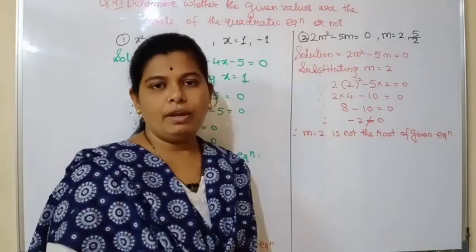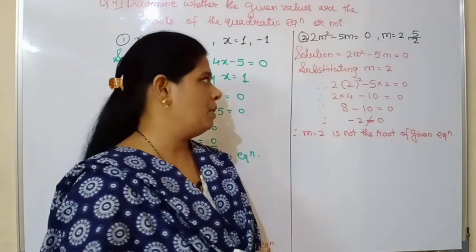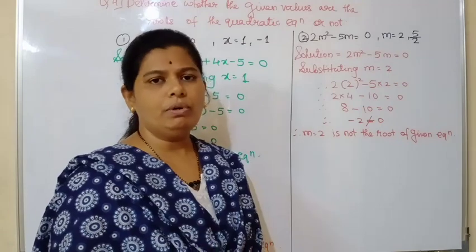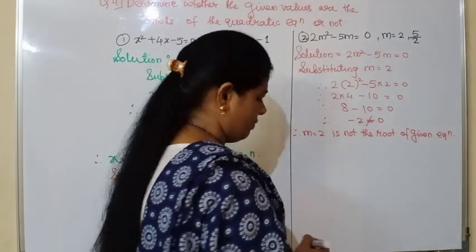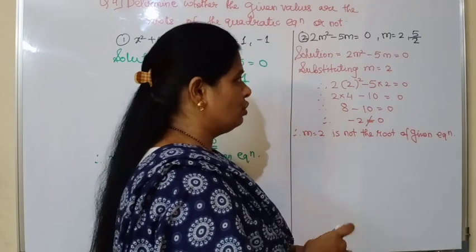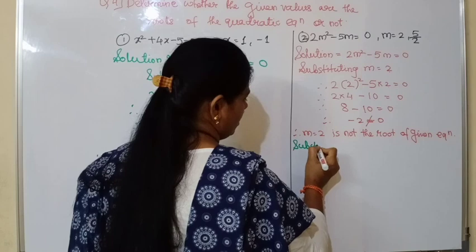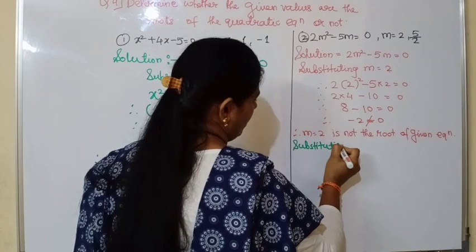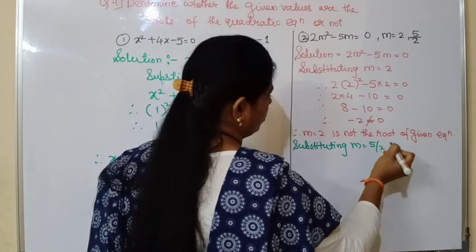Okay, so in this way we have substituted the value m equal to 2. Now we will do the second part, that is substituting m equal to 5 upon 2.